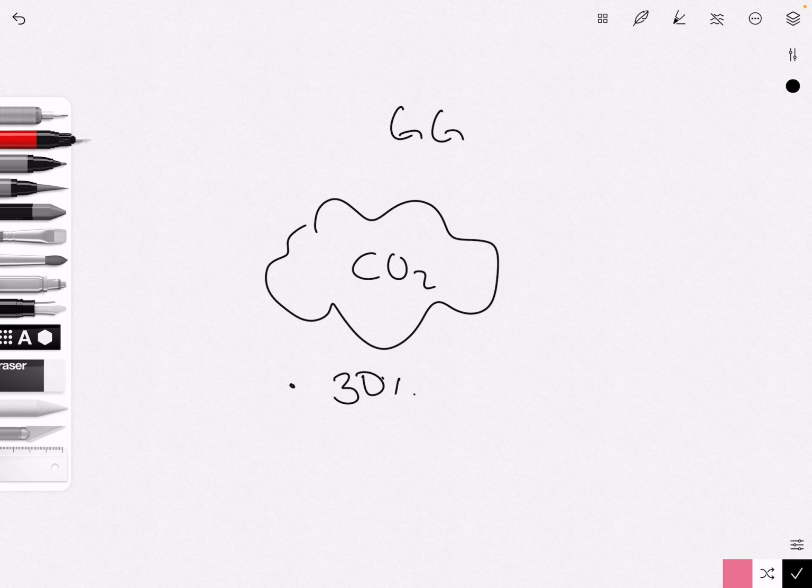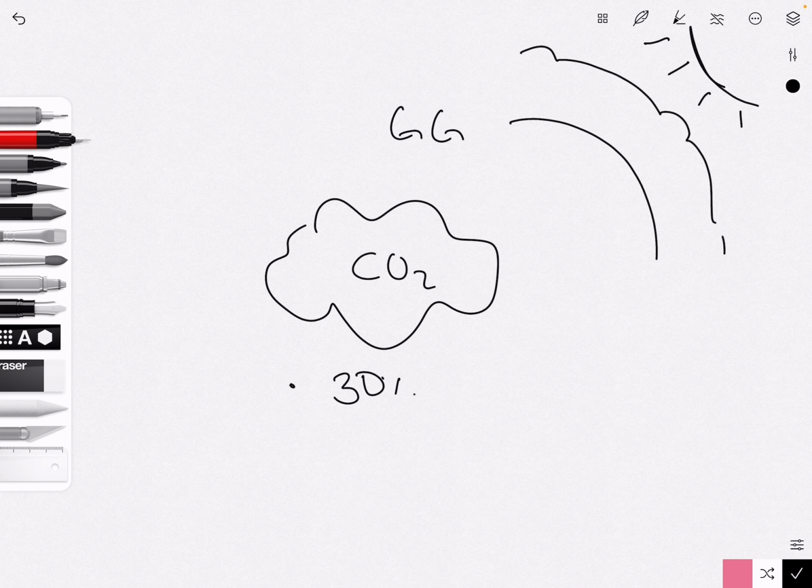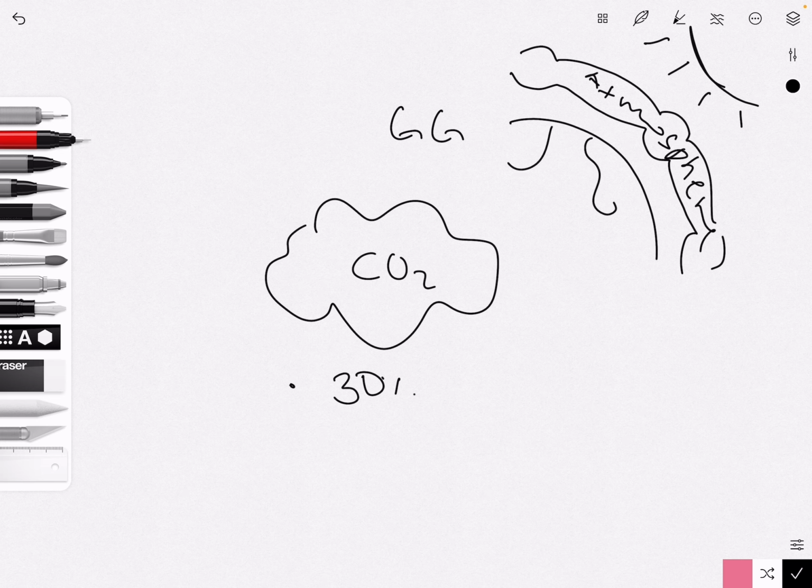Now, we've all heard of these greenhouse gases, but let's just do a quick little recap on what they do. So let's give the Earth a nice little blanket, nice and warm, called our atmosphere. That's the Earth. Let's draw some.